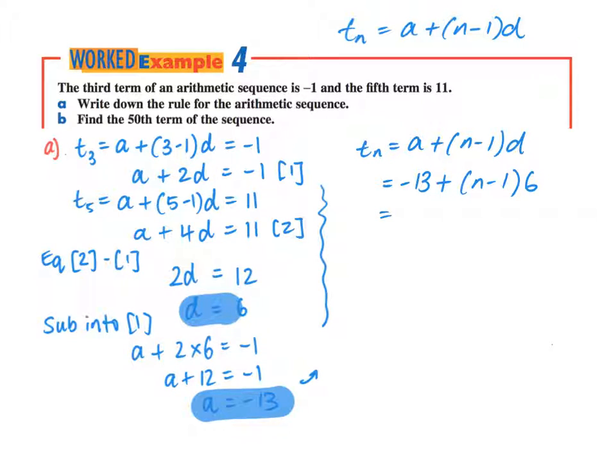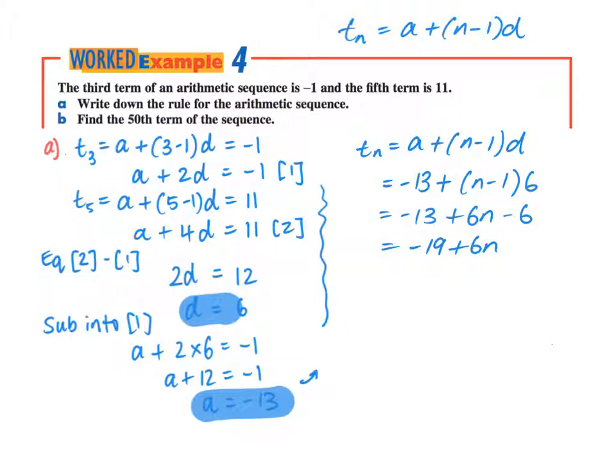So after some expanding and bringing like terms together, we have our final rule, which is negative 19 plus 6n. This is now the rule for the arithmetic sequence, and this helps us to find any term in this sequence.